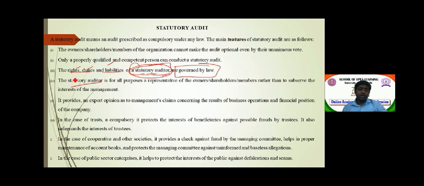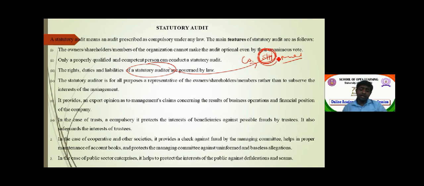The statutory auditor is for all purposes a representative of the owners, shareholders, or members, rather than someone who serves the interest of the management. We know that in the case of a company, shareholders are considered the owners. So the statutory auditor is representing the shareholders in the company.